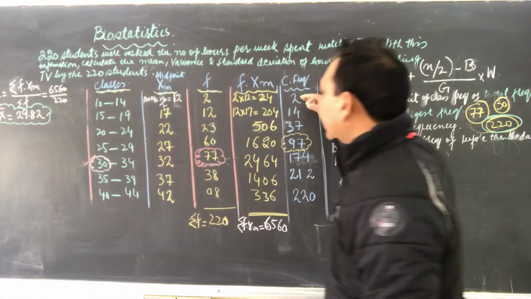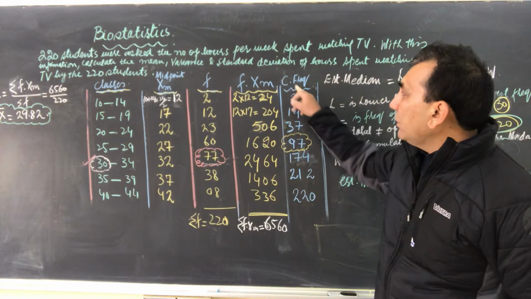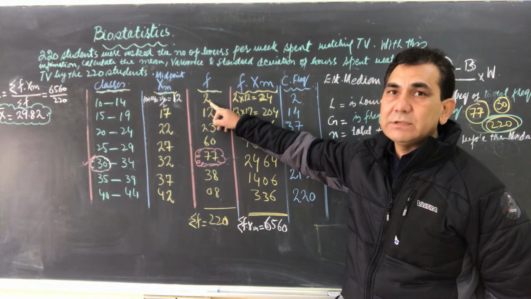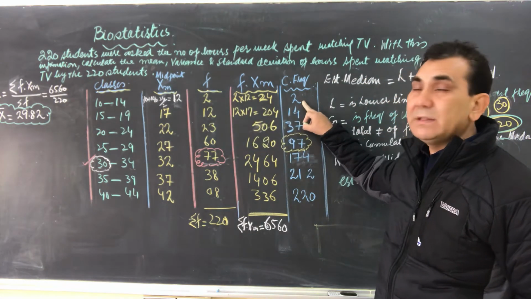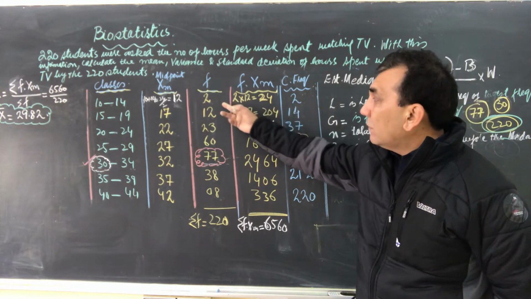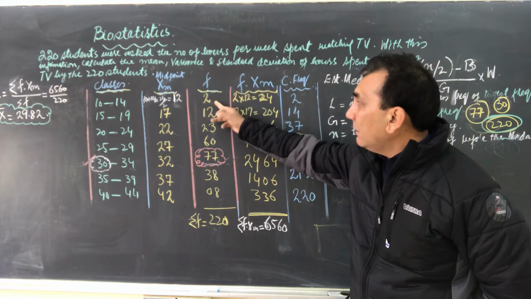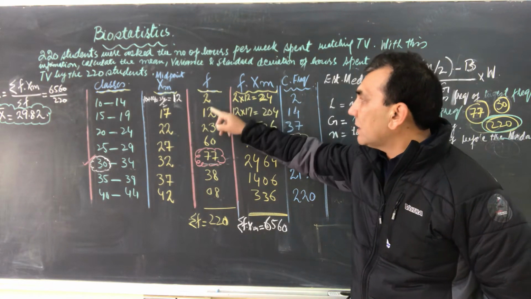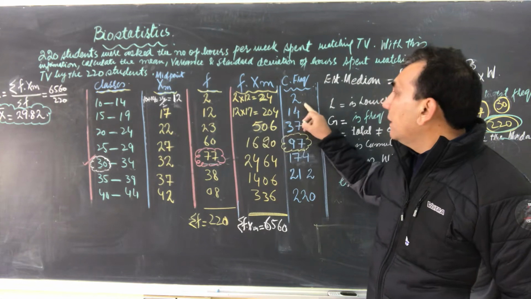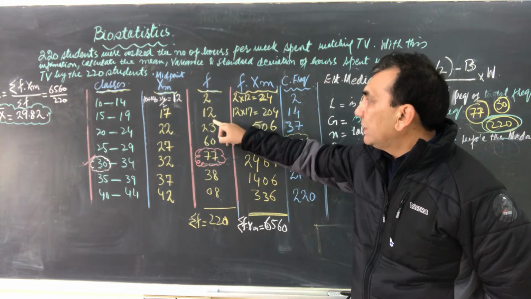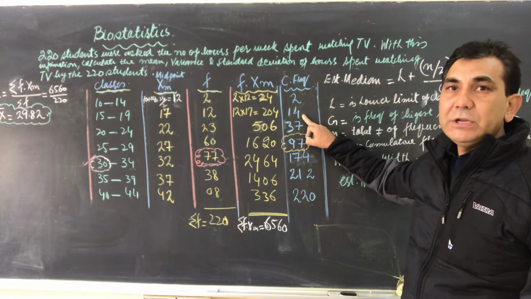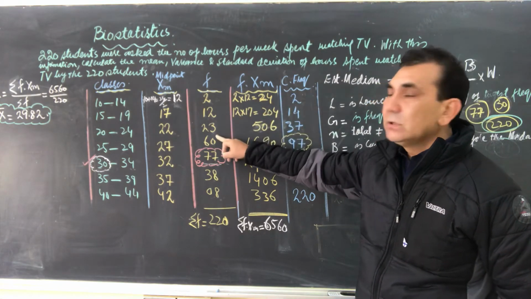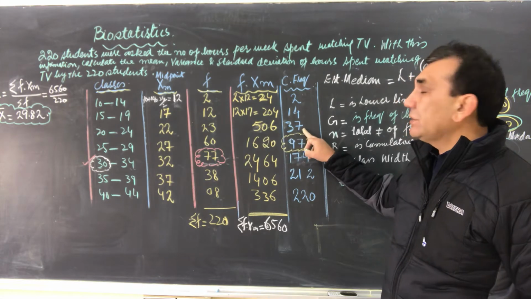So what is the cumulative frequency? The frequency of the first class remains the same. Then we add up the frequency of the first class with the second one. If we add 2 with 12, it becomes 14, the cumulative frequency for the second class, and 12 plus 23 will be 37.